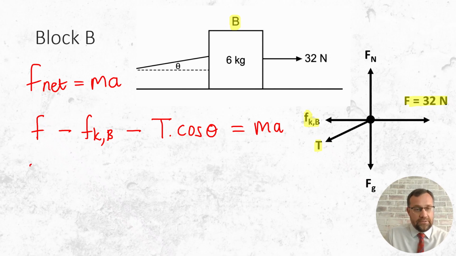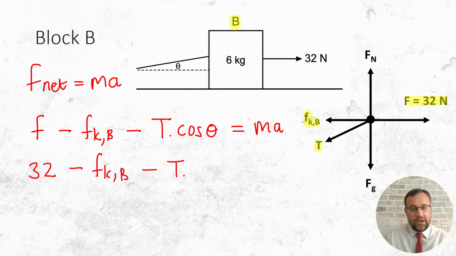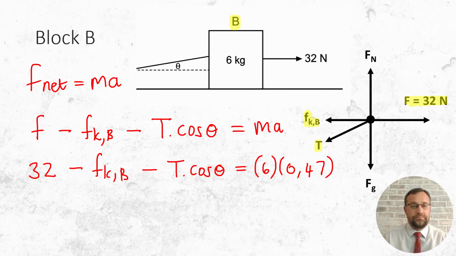So F is 32 minus FKB minus T times cos theta equals 6 times 0.47.